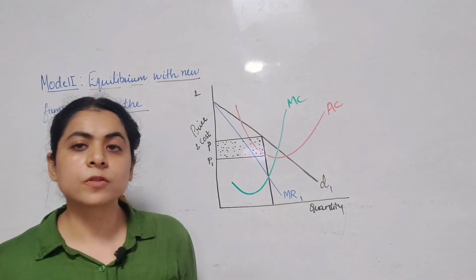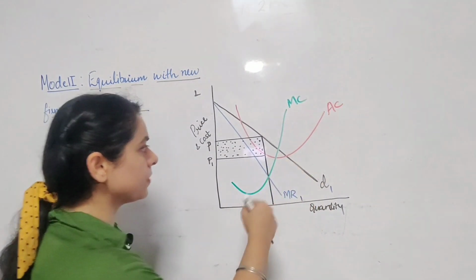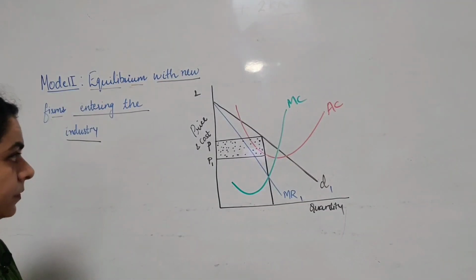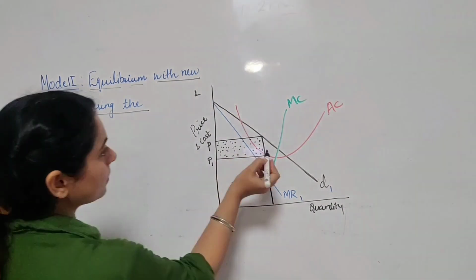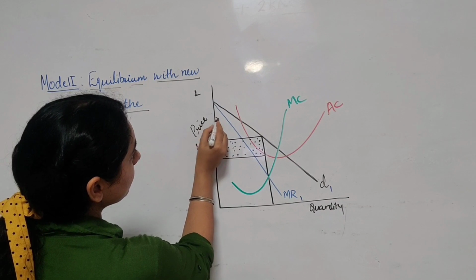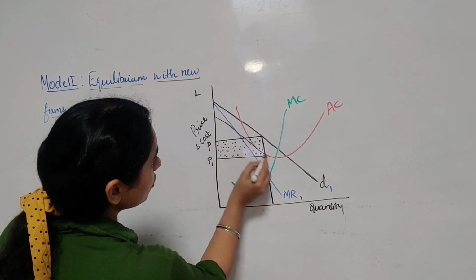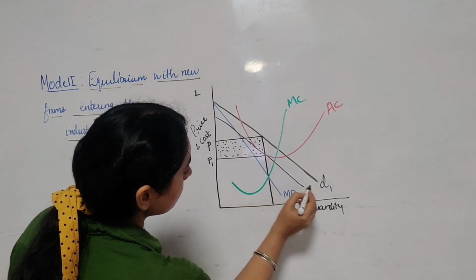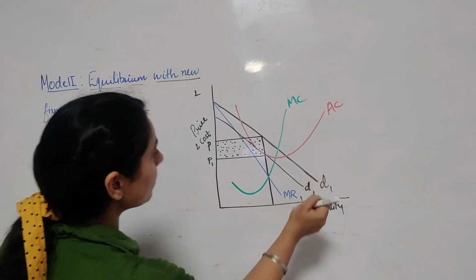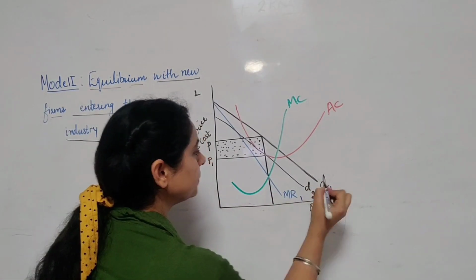But as soon as the new firms enter the industry, this demand curve D1 will shift leftwards, because the total market demand will now be shared by more number of firms. So as a result, there will be a leftward shift in demand curve from D1 to D2.